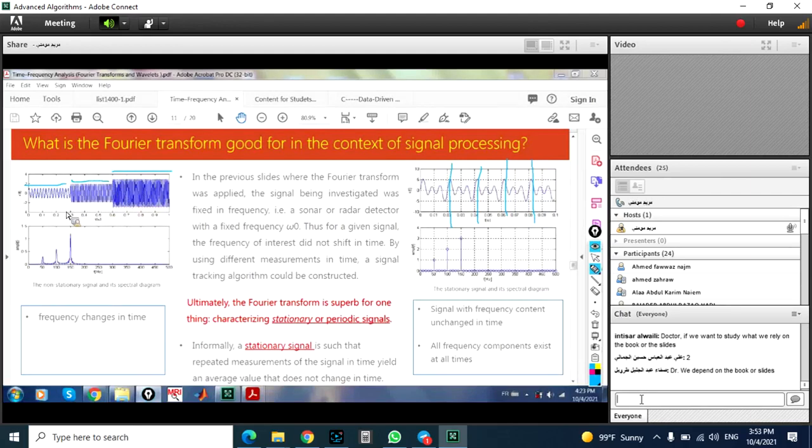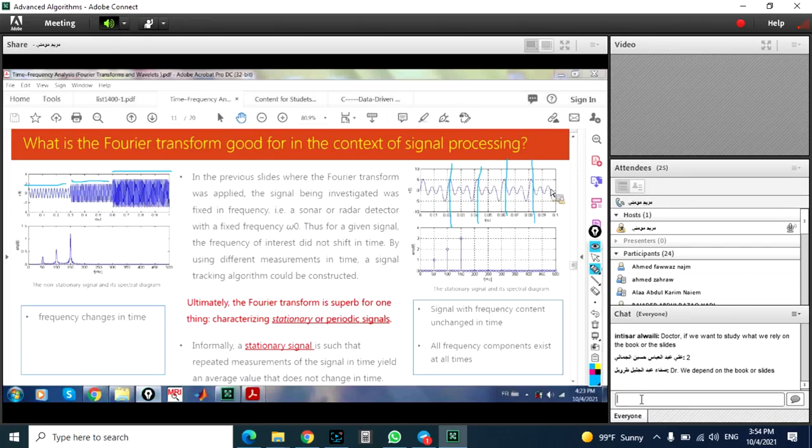Okay? The frequency content, the frequency information in the left signal, changes during time. The frequency context changes and repeats again on the right.